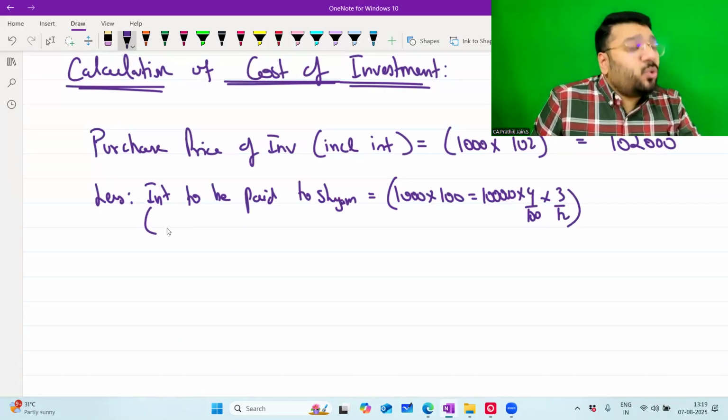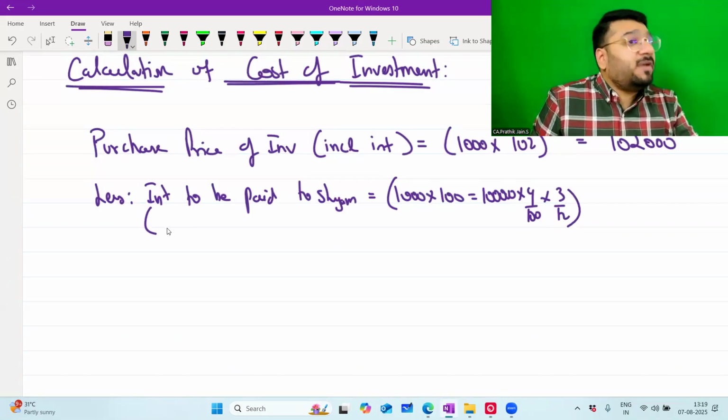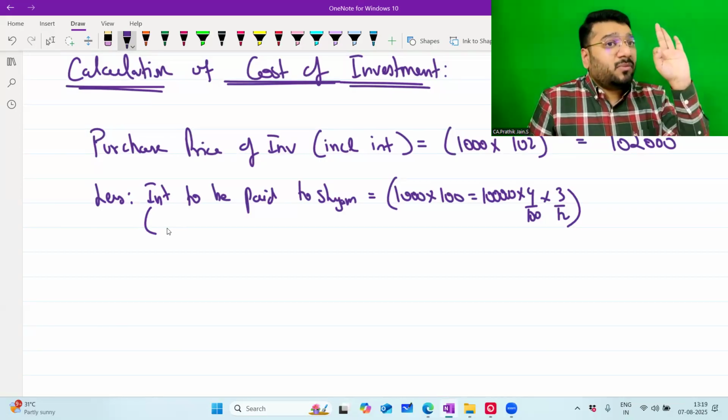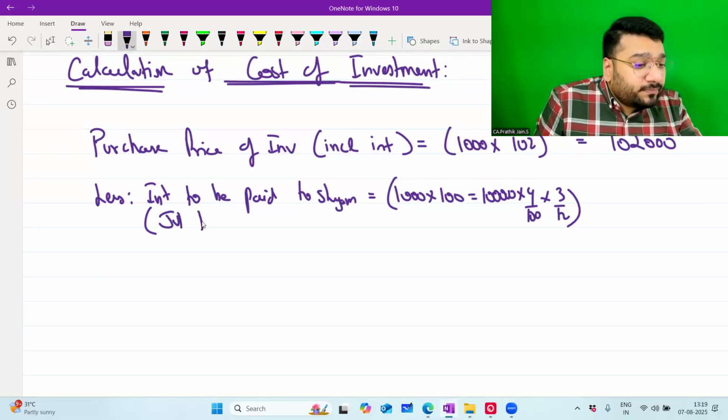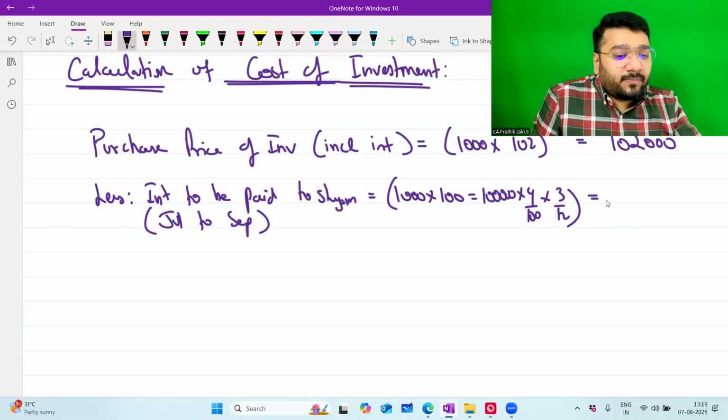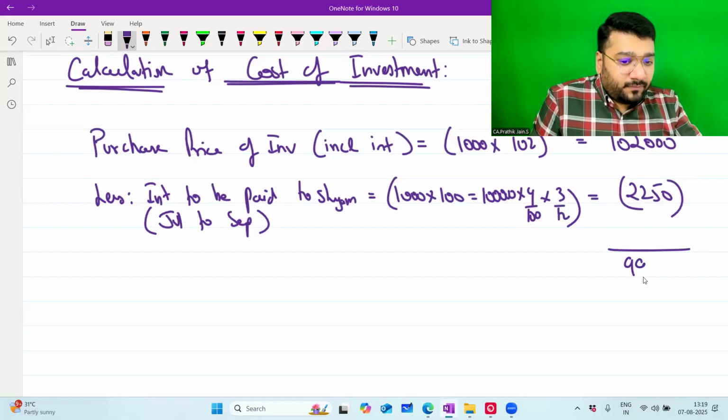Because Sham was holding the investment from July, August, September. October we got it. So this is from July to September, 3 months interest. How much? 2,250. Okay. If I minus this, what will I get? 750.